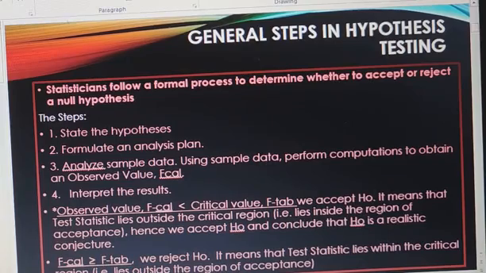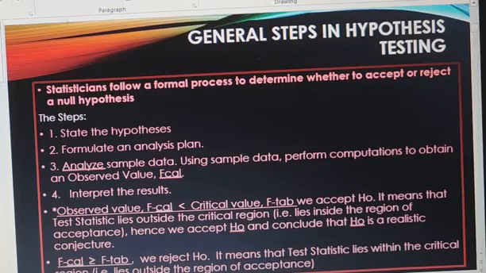State the hypotheses. Every hypothesis test requires the analyst to state a null hypothesis and an alternative hypothesis. The hypotheses are stated in such a way that they are mutually exclusive. That is, if one is true, the other must be false, and vice versa.